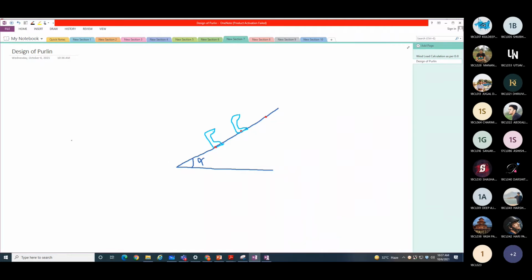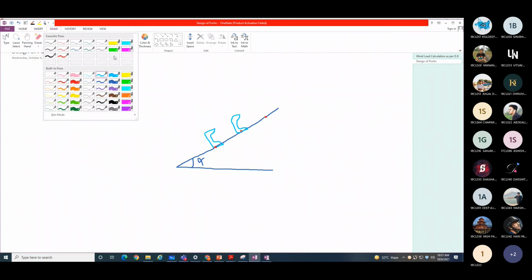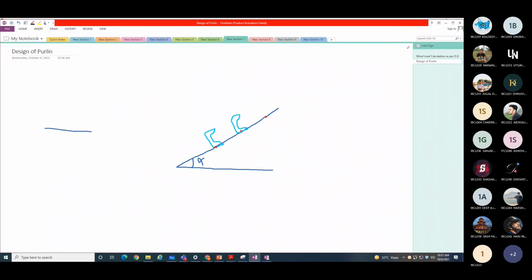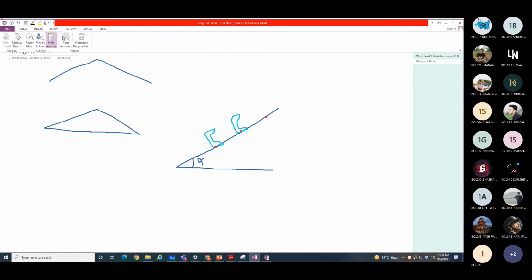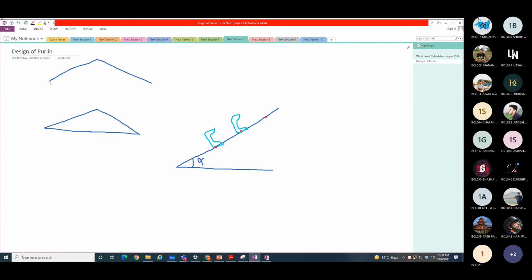Right. So if this is your truss and here is the second truss, right? So these purlins are connected with these two truss members. Clear, everyone? So this is your purlin, right?